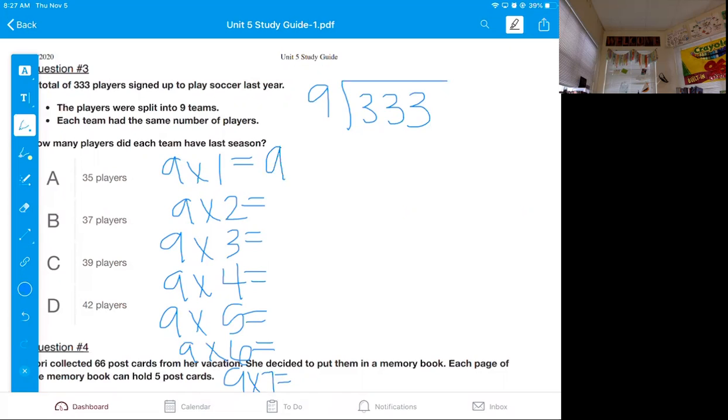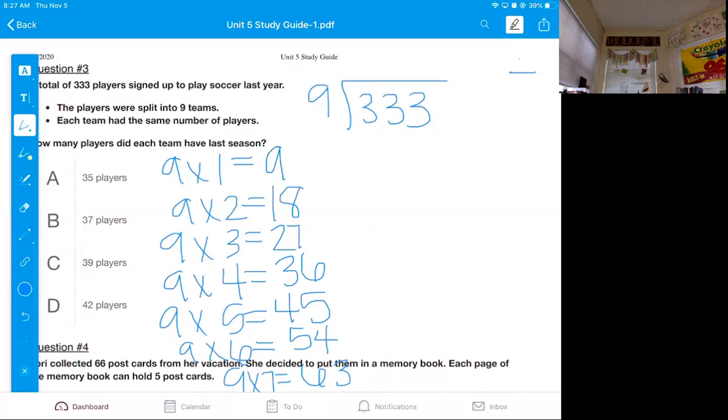Okay, what's 9 times 2? 18. 9 times 3? 27. 9 times 4? 36. 9 times 5? 45. 9 times 6? 54. 9 times 7? 63. And then I ran out of room, but you would also want to list 9 times 8 and 9 times 9, and then you would be finished listing your facts. So then you can start dividing.